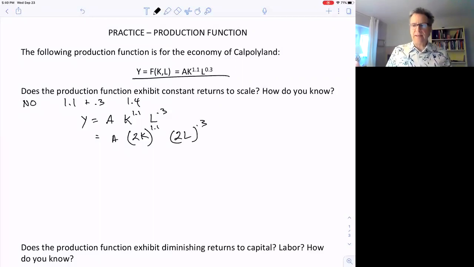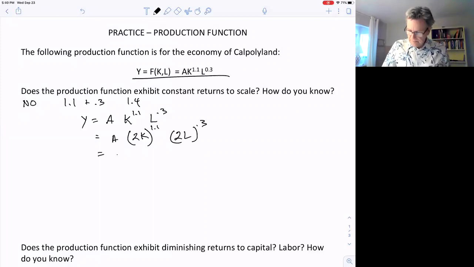And we're going to have the same technology that exists, the same total factor productivity. Nothing's going to change here as far as corruption in the economy or property rights or anything else that would affect output that's included in that A category.